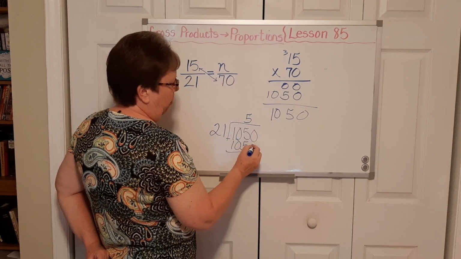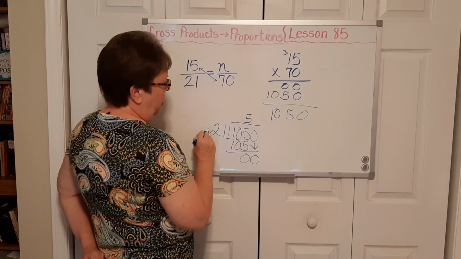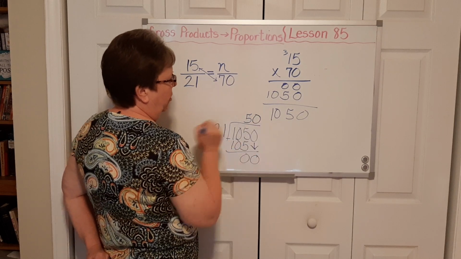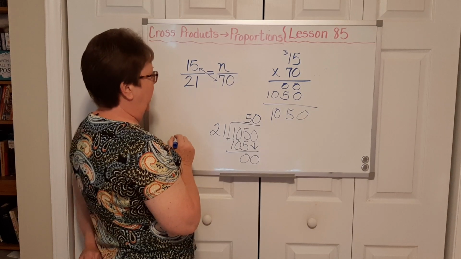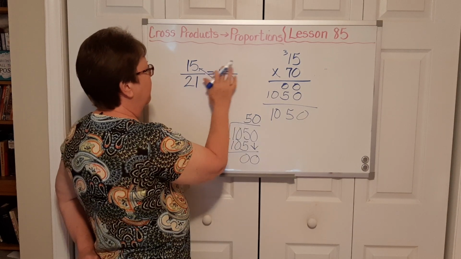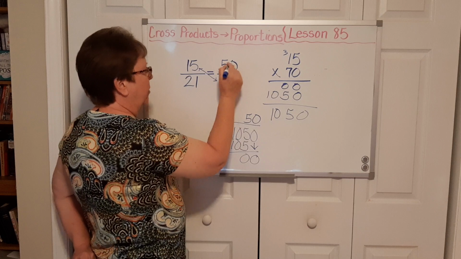Subtract, we get 0. Bring down our last number, which is 0. 21 can't go into 0, so your answer is 50. So n is equal to 50.